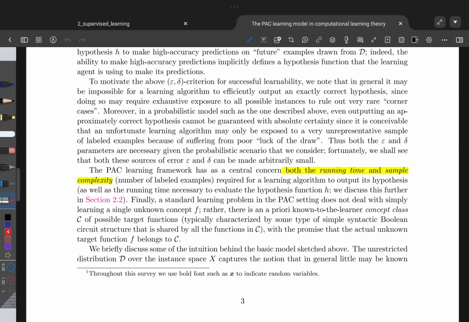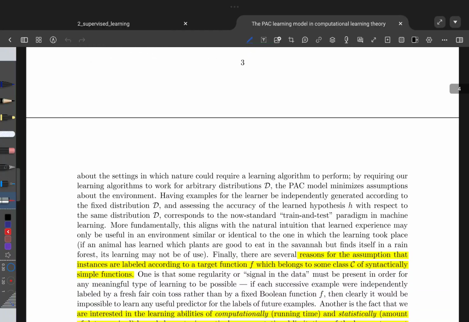Or more importantly, given a particular target epsilon and delta, how does the computational complexity or the running time, as well as the sample complexity, scale with epsilon and delta?